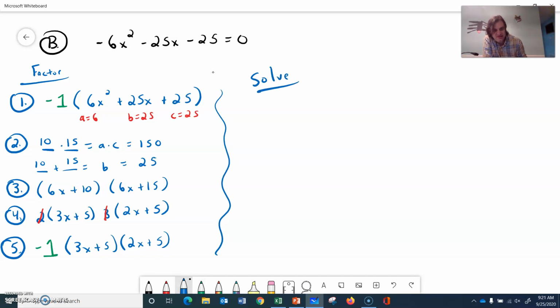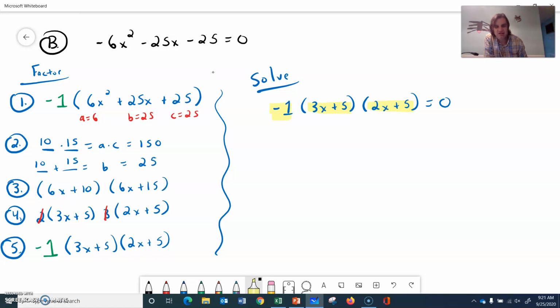So what I know is my original is equal to negative 1 times 3x plus 5 times 2x plus 5 equal to 0. So once again, I have three things multiplied together to give me 0: negative 1, 3x plus 5, and 2x plus 5.